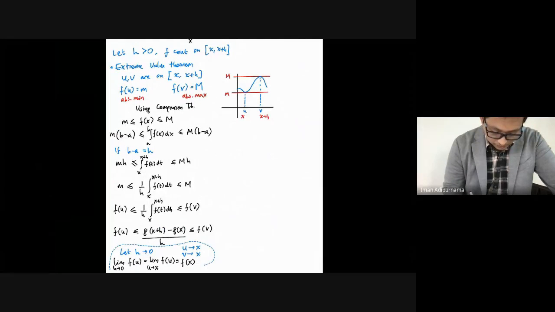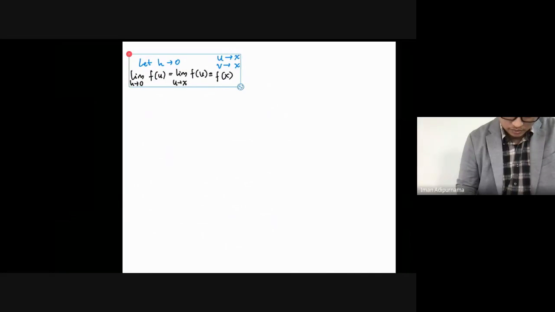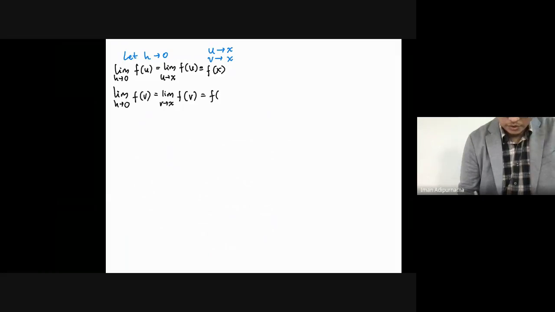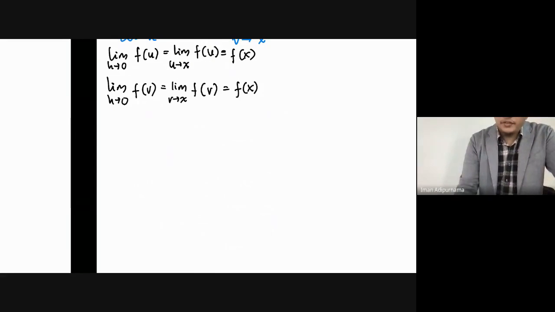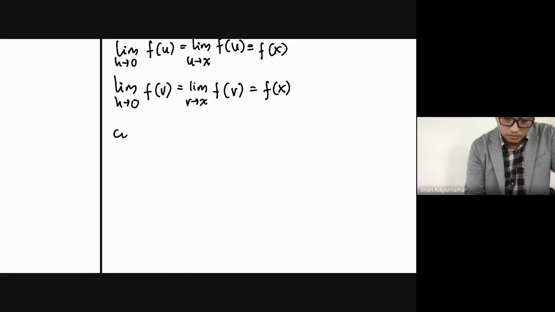Let me copy this part. And then the limit, they both will be f(x). Okay, so we are using the limit as h approaches 0, and we get the definition. So, conclusion.